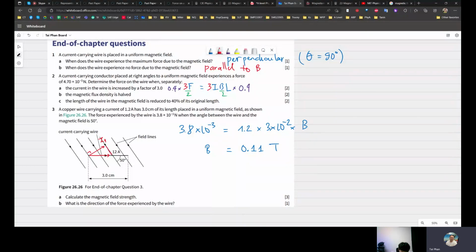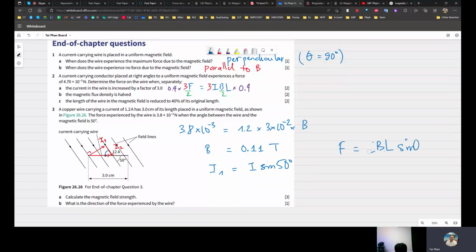Therefore, this parallel component experiences no force. So I1 is like I times sine 50 degrees. That is the reason why in the equation F equals IBL, we have sine theta.